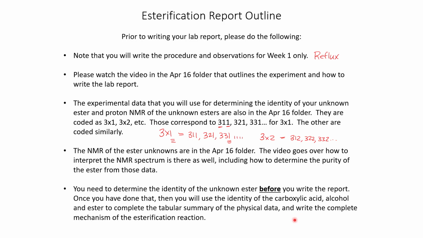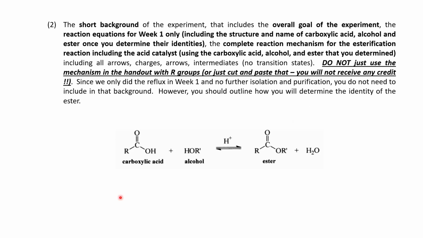Okay, so let's move to requirement number 1. You're going to write a short background of the experiment that includes the overall goal of the experiment. The overall goal of the experiment was something like to synthesize an ester from an unknown carboxylic acid and an unknown alcohol and determine the identity of that ester using boiling point, microboiling point, refractive index, and also creating a 3,5-dinitrobenzoate derivative, which I will talk about.